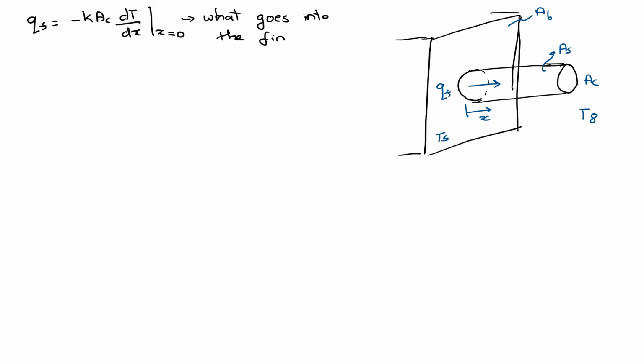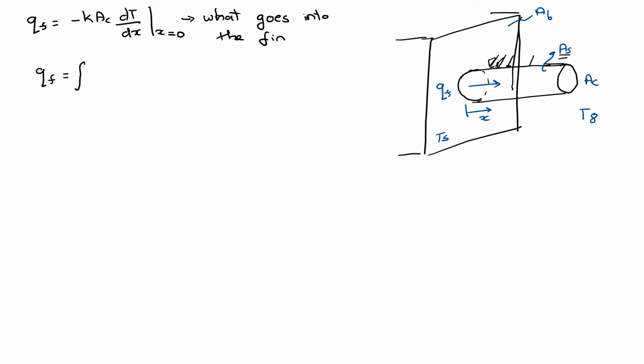Now, because it's at steady state, whatever goes into the fin shall be lost by convection. So we can say that QF will be equal to what is lost by convection through the surface of the cylinder that we see. So there's air flowing across this, and the surface area of the surface is AS.